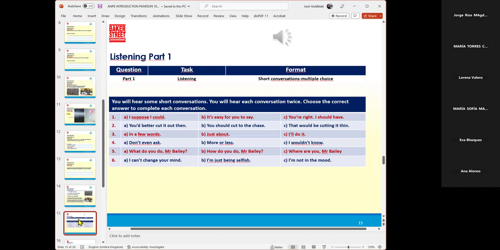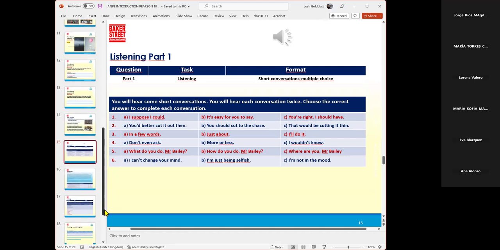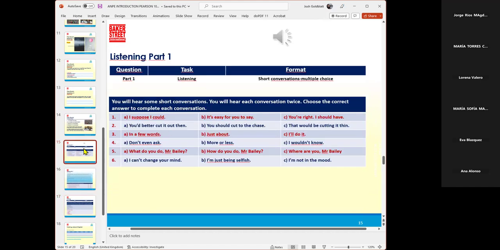Let's take a 5-minute break, and then we're just going to look at some listening, some reading, and then we will finish for today. All right. So you've done everything perfectly well. So we'll do some listening, then some reading, and then some writing. We will do these things together, but we'll take a 5-minute break. See you in 5 minutes.